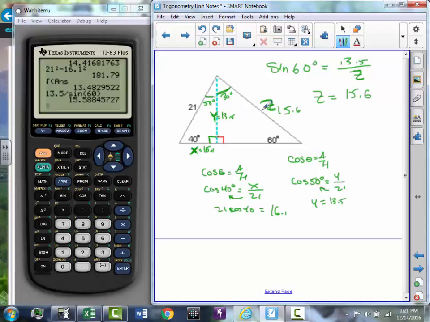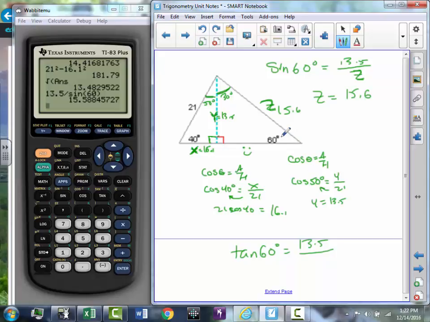You could use Pythagoras' theorem again to try to solve for, I'm running out of letters. Let's make this be smiley face. What's the letter after Z? I could use, why don't I use tan? Tan of 60 degrees would be the opposite, the 13.5.